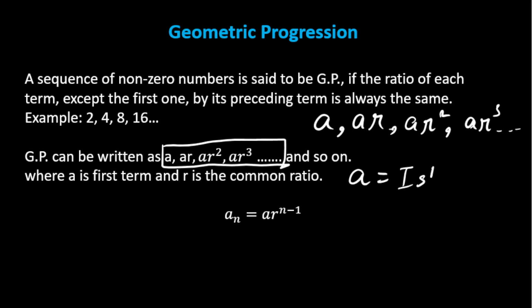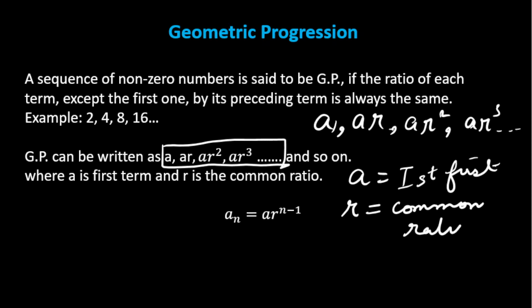The symbol of the first term is a, or you can write a1 also, the same thing. Small r is the common ratio, which is the ratio we found in the first two examples.